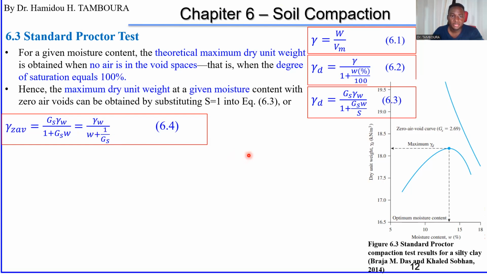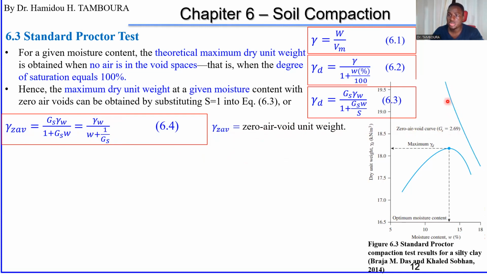So this one is when there is no void, no air in the soil. This dry unit weight is the zero air void unit weight. This zero air void curve is here.